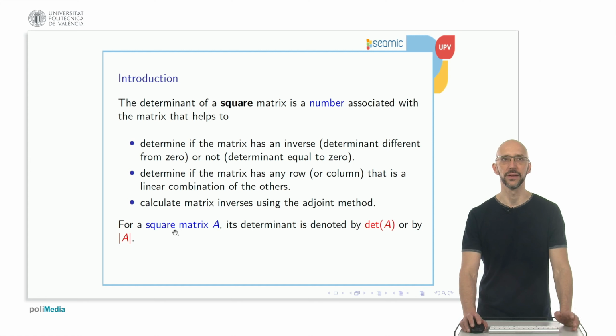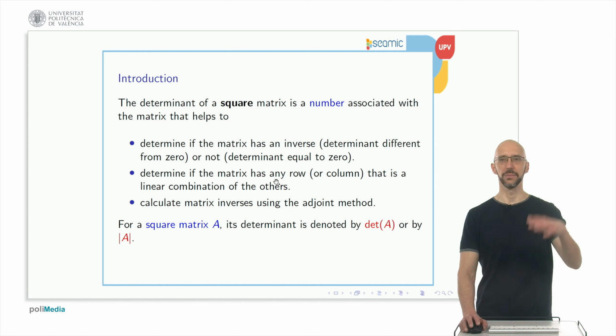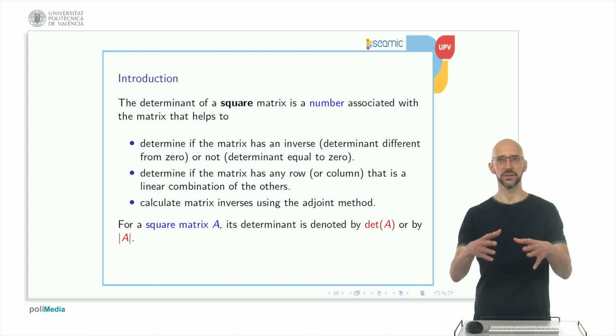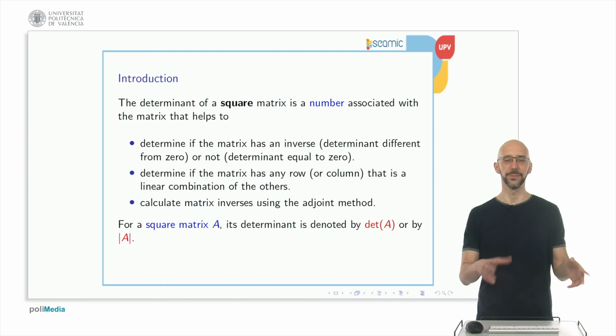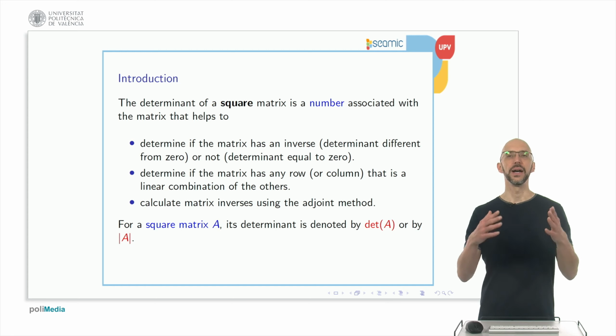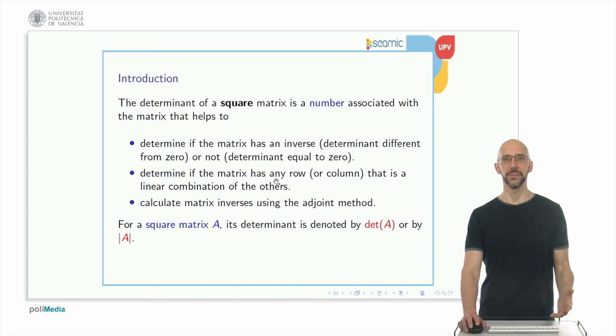That means determinant. Determinants are very useful. You are going to apply them many times in algebra in order to find if a set of vectors is linearly independent or not, to calculate the inverse matrix and many other things.